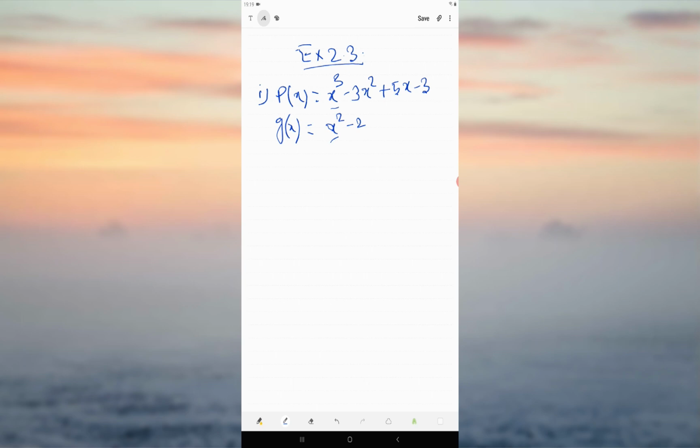So the first thing is, take x square minus 2 this side, and here I will write x cube minus 3x square plus 5x minus 3.